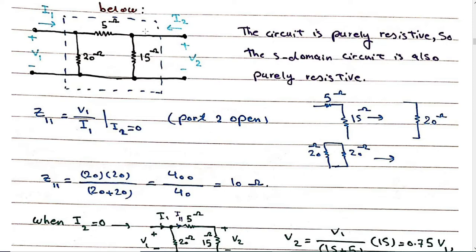There is no current over here. So what is V1 divided by I1? Whatever resistance you see over here. 5 is in series with 15, so we get 20 ohms. This 20 ohms is in parallel with this 20, so we get 10 ohms. So V1 divided by I1 is 10 ohms when I2 is 0, so I1 is V1 divided by 10 when I2 is 0.